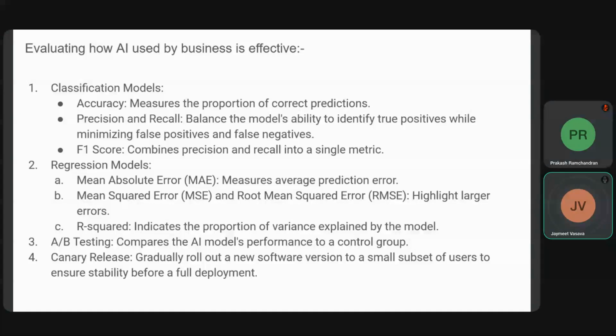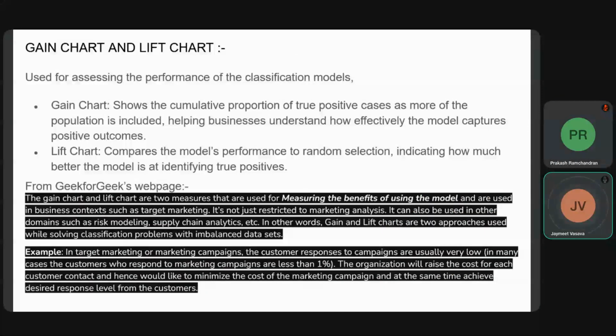Like the last 2 points, A/B testing and canary release, are techniques which help us to deploy something in a stable manner or the intended manner that we have. Something similar is the gain chart and the lift chart. The gain chart and the lift chart help us to see the model's performance and make better decisions based on the output that they have given to us.